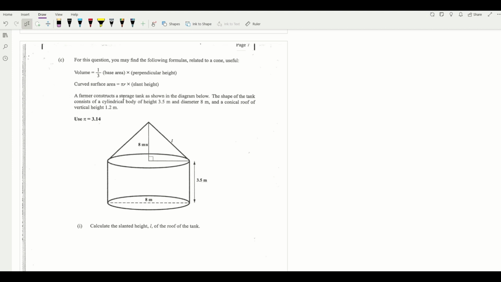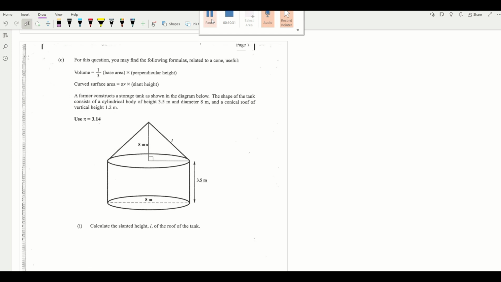So a farmer constructs a storage tank as shown in the diagram below. The shape of the tank consists of a cylindrical body, that's the bottom here, of height 3.5, a diameter of 8, and a conical roof of vertical height 1.2.